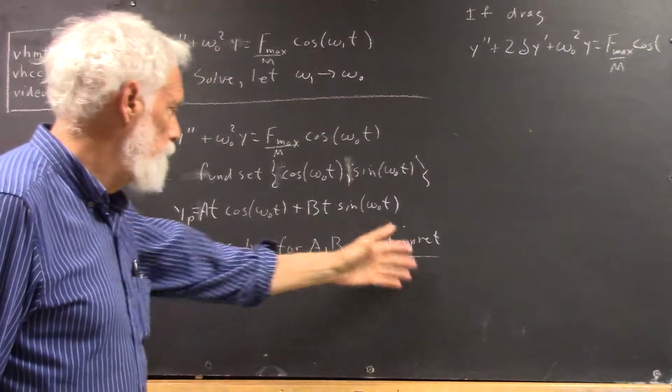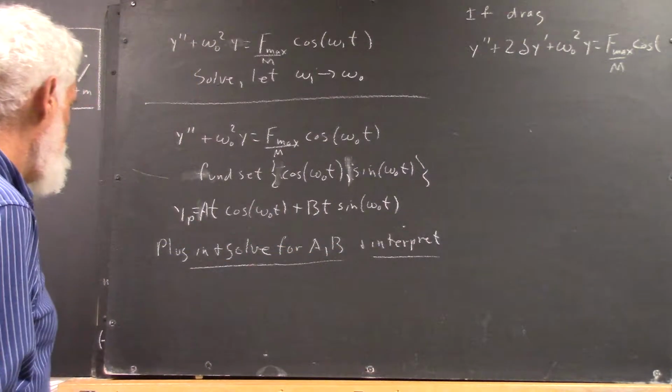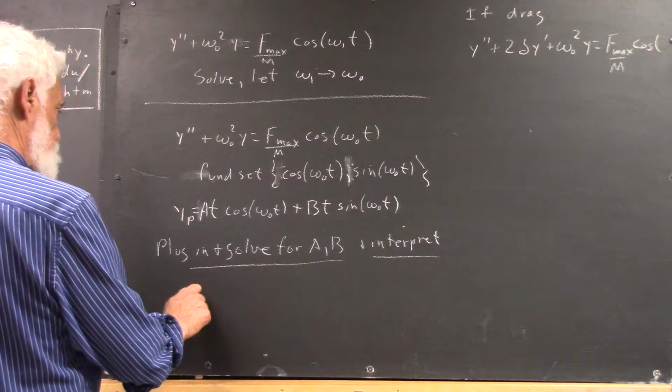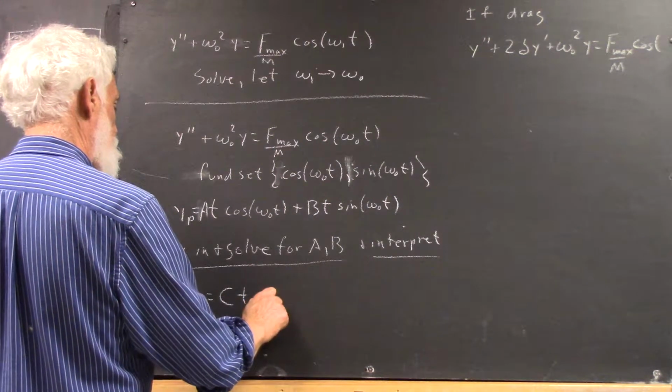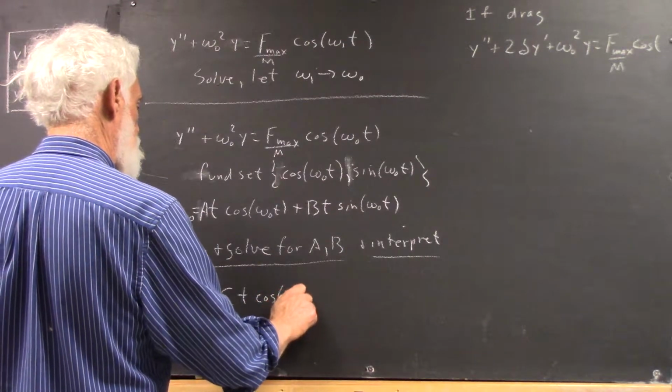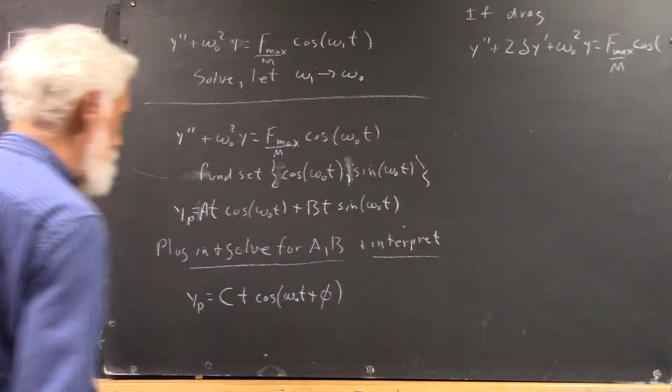We plug in, solve for a and b, and we're going to have some combination of these. And it's going to be y_p is c t cosine of omega naught t plus some phase angle.